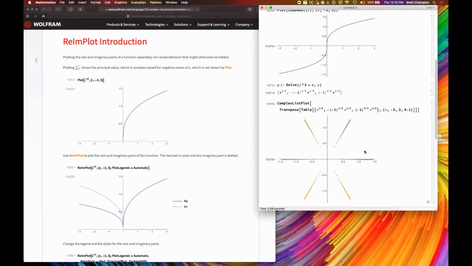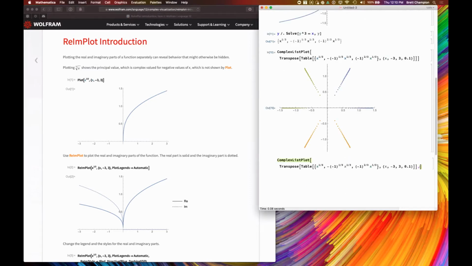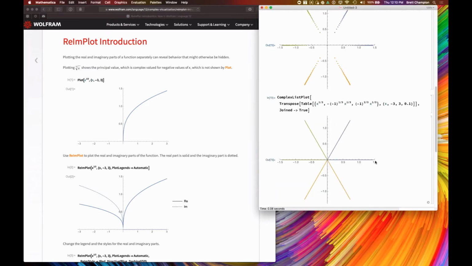And if I join them, then this is the one that we get by default, the principal value.